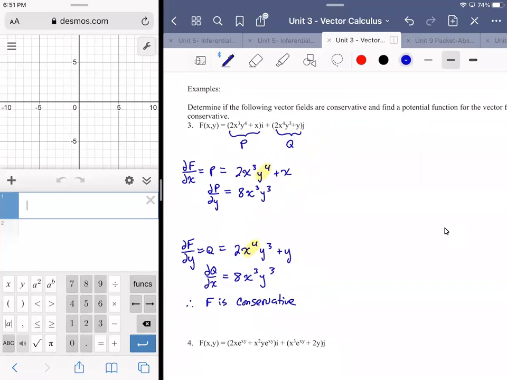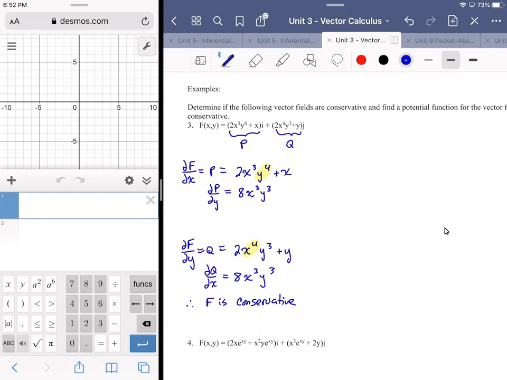Now what we do is we choose one of these two, whether it's P or Q, to work with. We need to solve the differential equation involving partial f with respect to x or partial f with respect to y, because the antiderivative of either of those will give us a function f related to the appropriate variable. So basically it's partial integration rather than partial differentiation.